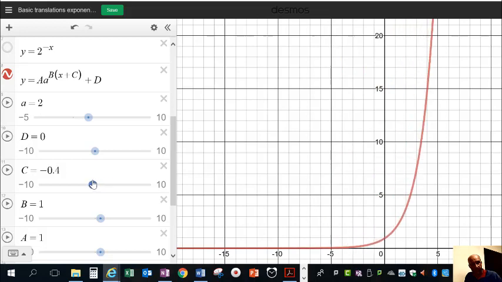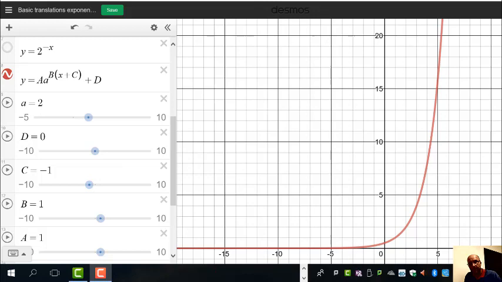And then if we put it into the negatives, that'll be x plus negative 1, which is x minus 1. Stopping it there, we would have y equals 2 to the x minus 1.